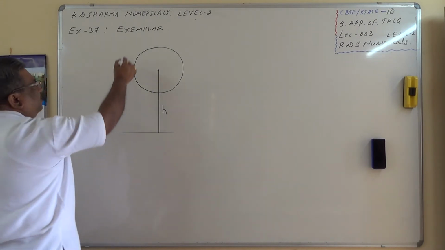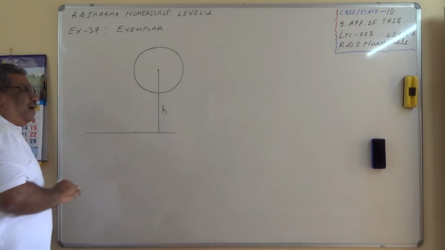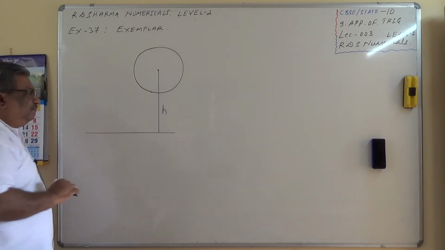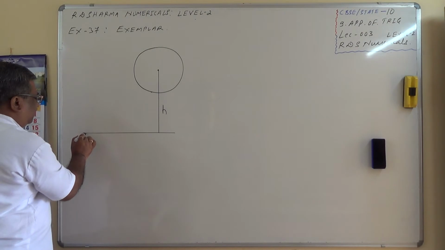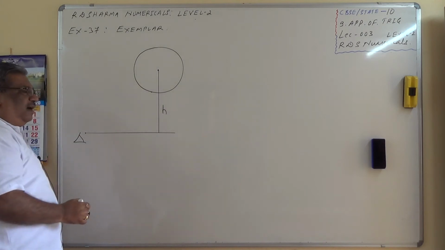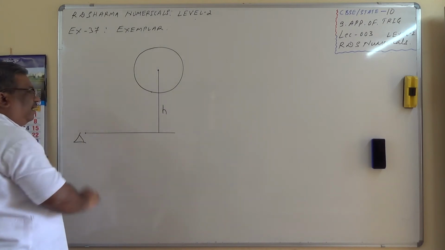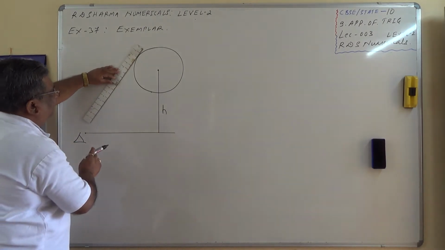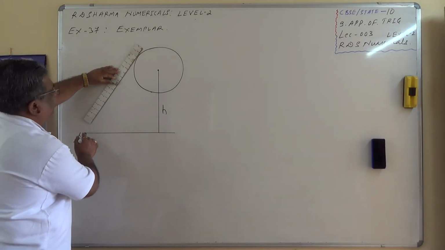The thing is, this balloon subtends angle alpha at the observer's eye. Suppose I consider the observer's eye to be here, something like this, and this balloon subtends angle alpha at this eye, meaning I need to draw the tangents from this observer's eye.